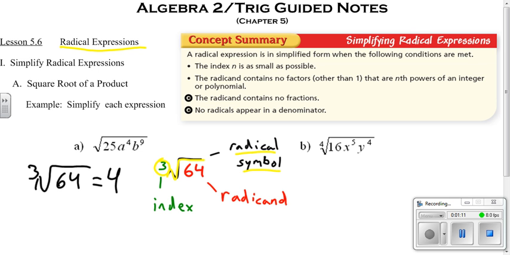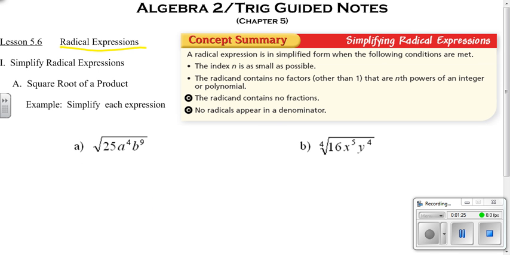The number underneath our radical is the radicand. In this case, it's 64, in this case as well. So now that we have that clarified, what everything is called, let's go over a couple little properties that are going to be very useful for us.